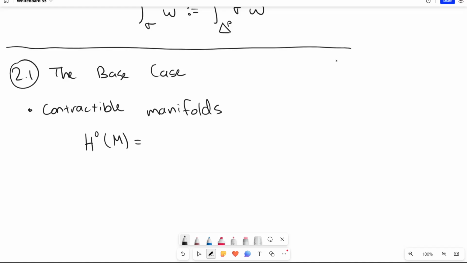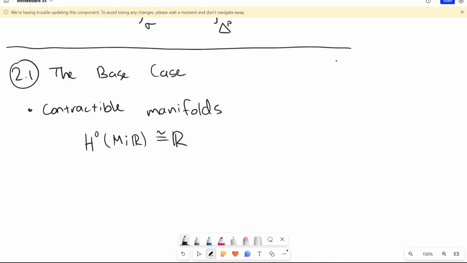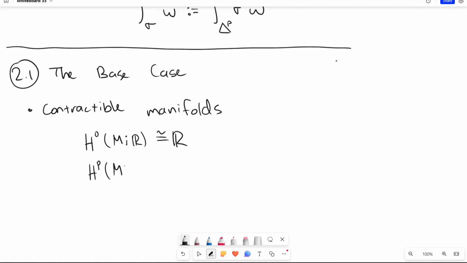So H^0 of M is going to be isomorphic to R, remember we're doing this all with R coefficients. I might drop the R, but it's always R coefficients. All of the higher cohomologies are going to be 0 for p greater than 0. This is the singular cohomology case.